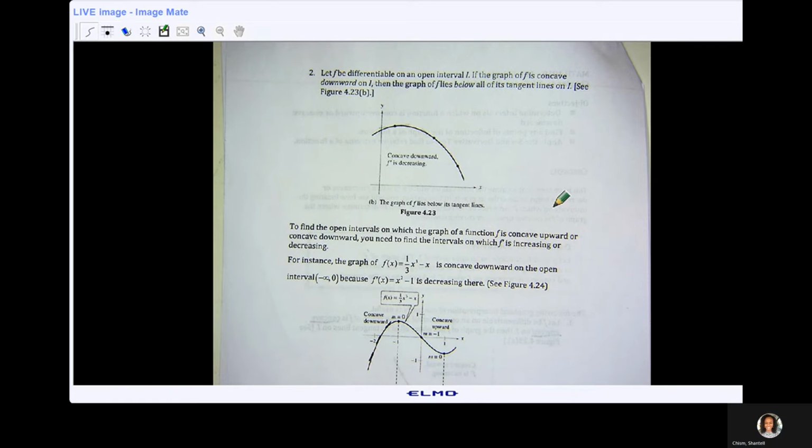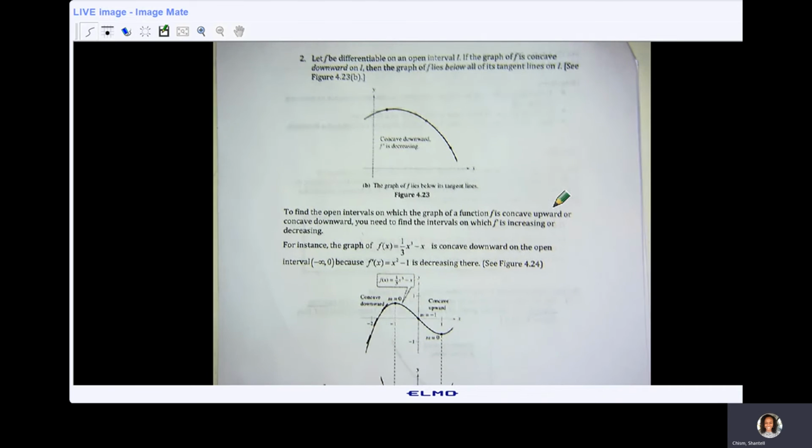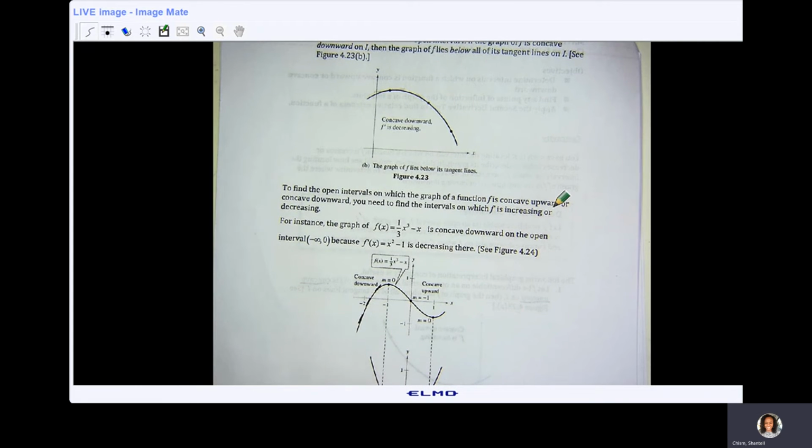Okay, and you can see that is happening when you actually look at the graph of the derivative. So from negative infinity to 0, the derivative is decreasing, going down. Okay?